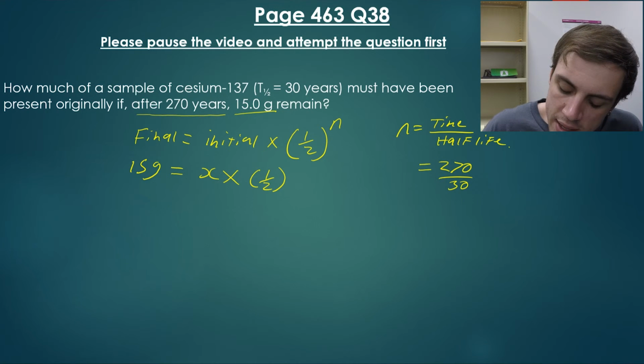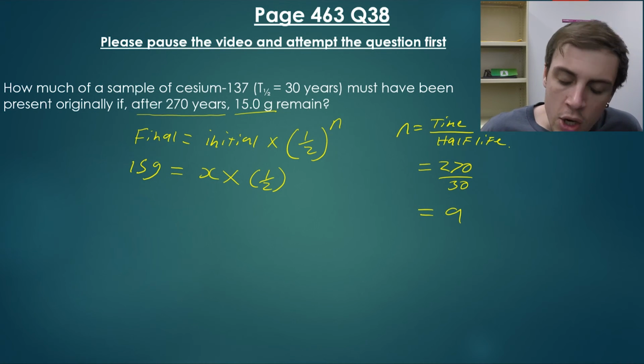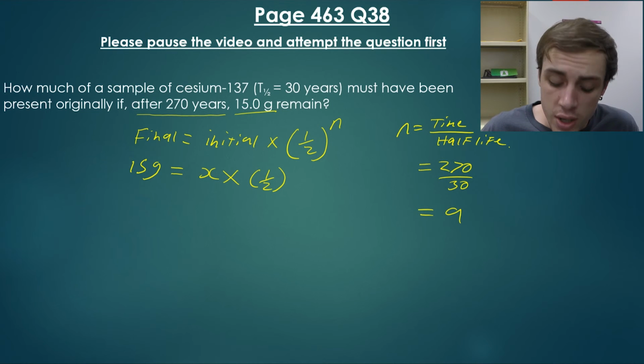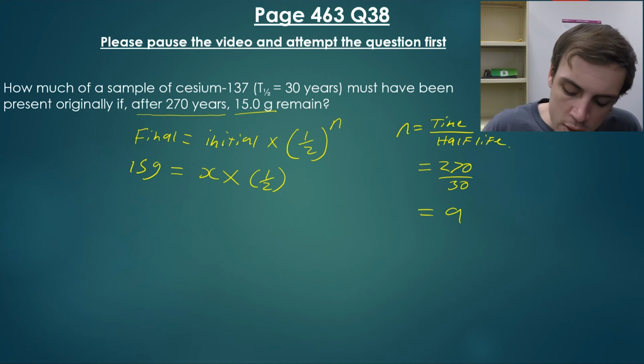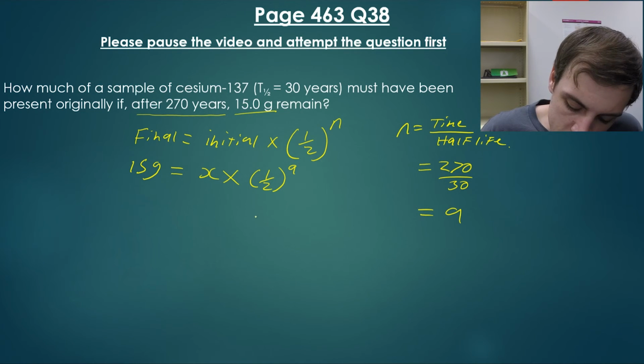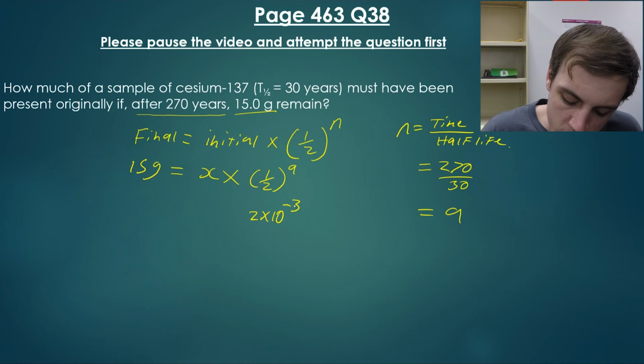I'm just going to simplify that over here. 270 divided by 30 gives us 9. So it means that 9 half-lives have occurred between our final and our initial amount. So we go 1/2 to the power of 9, which gives us 2 times 10 to the power of -3.